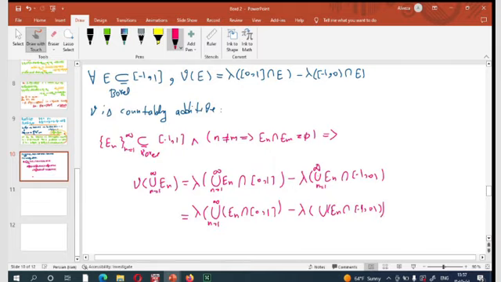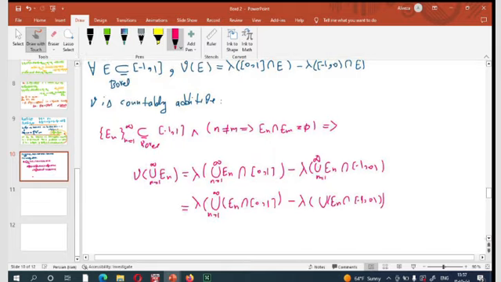And this lambda equal to this summation because lambda is a measure.